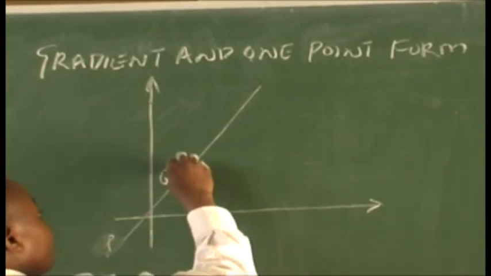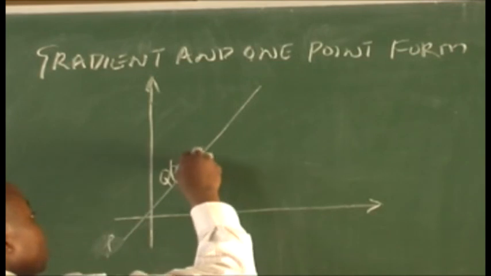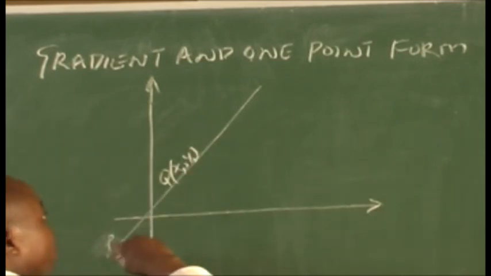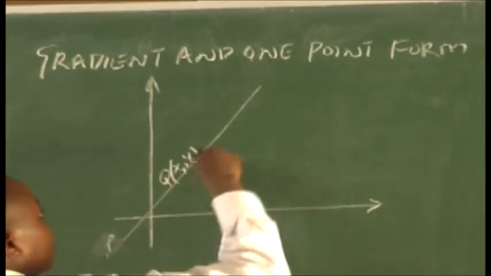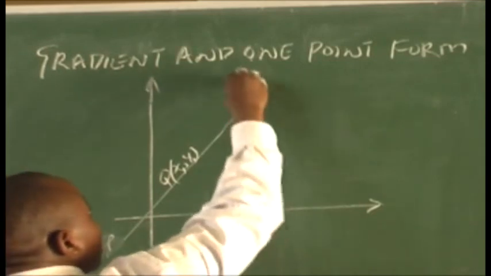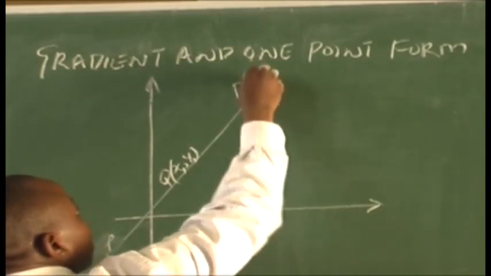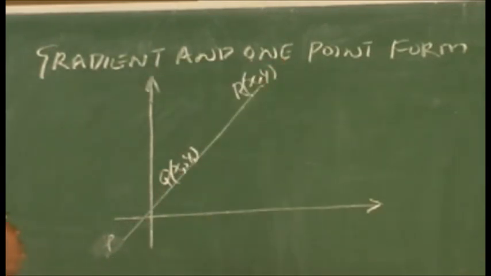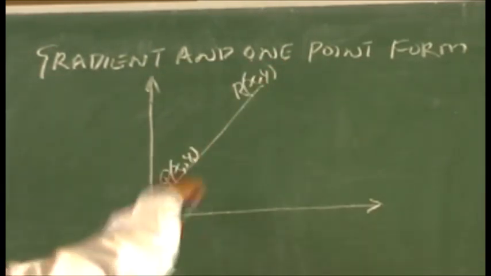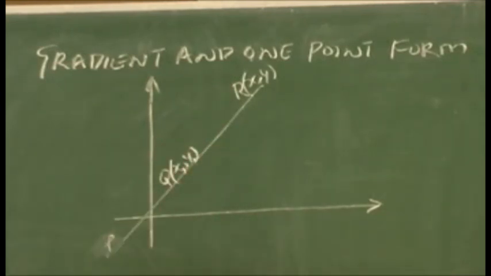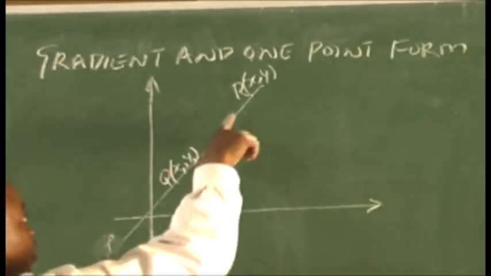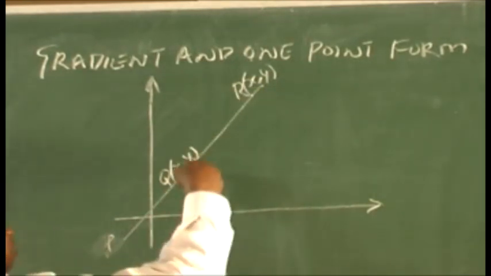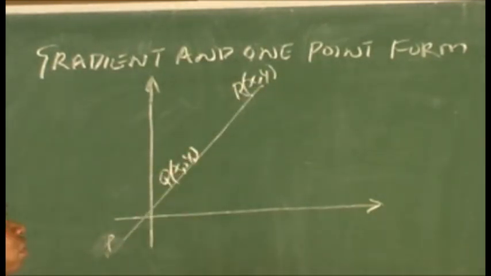Then I have coordinate x1, y1. This is point P. I have point R, where I have x and y. So line PR, R has this coordinate and it passes through point Q.